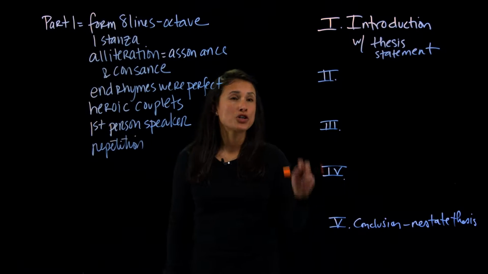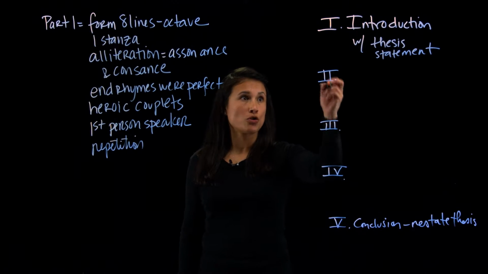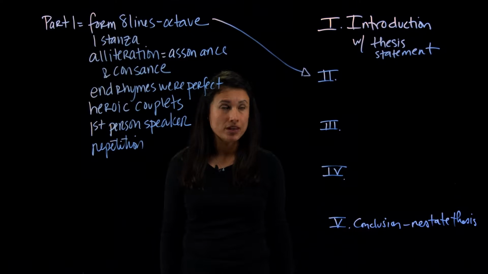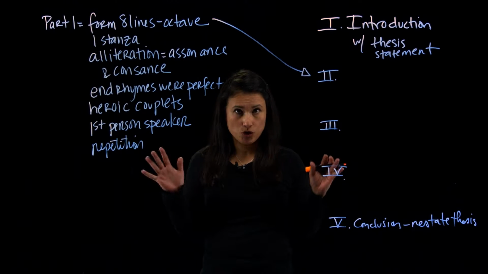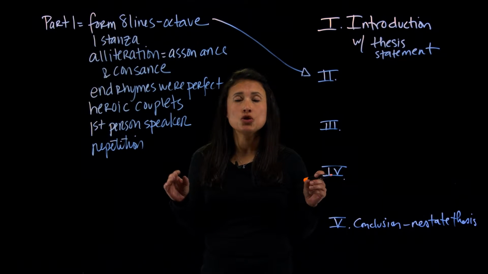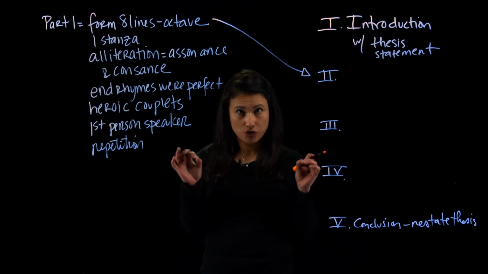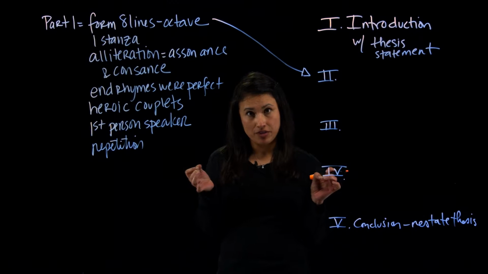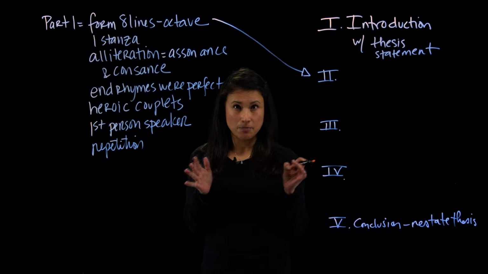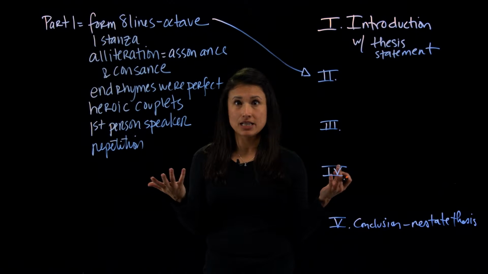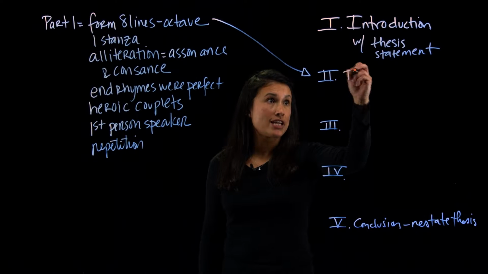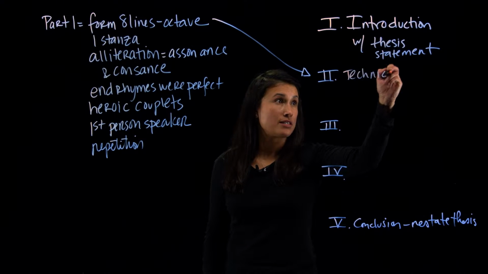Now, when you're going to be placing this into your first body paragraph, because that's where it's going to go, you're not just going to list what you found, but you want to explain why what you found makes sense. First, you're going to identify everything, and you're going to associate some meaning to it. So let me explain. In this first body paragraph, you're going to explain the technical elements.